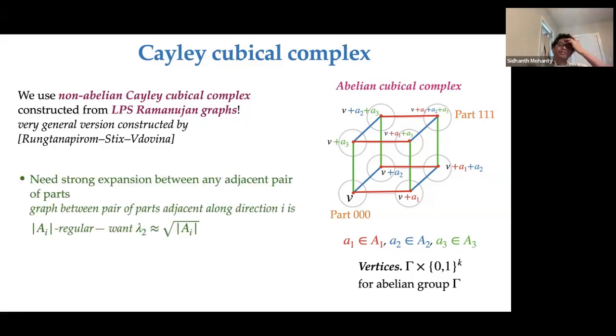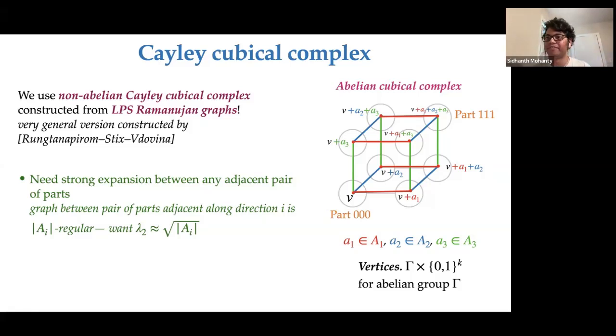And the main reason to use the non-abelian version over the abelian version is that it gives us pretty strong expansion properties. And in particular, let's say we look at any pair of parts that are adjacent to each other. So let's say part 0, 0, 0 and 0, 0, 1. Then actually the graph between this pair of parts is going to be a regular graph.